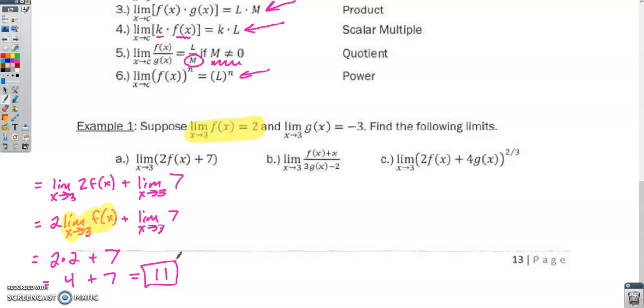I'm going to break it up using the quotient rule, but then at the same time within that quotient I'm going to apply the other rules, the sum rule, the difference rule, the constant multiple rule, to save myself some writing.